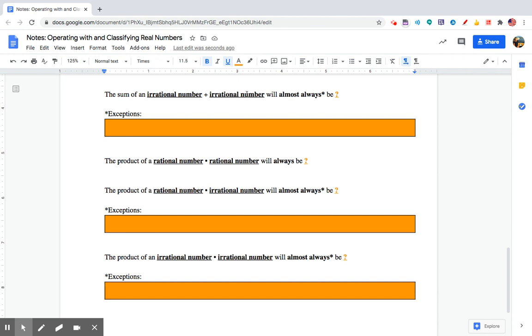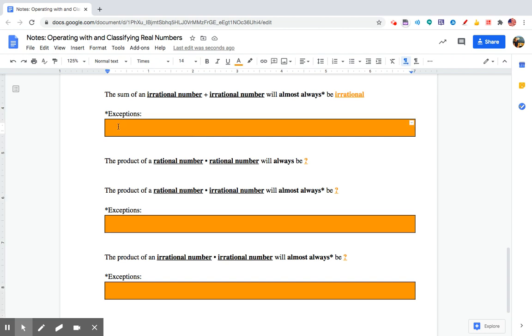So any two irrational numbers, when you add them together, you would think would always be irrational. That's what you would think. You would think you're always going to have decimal parts of the sum that go on forever with no pattern.